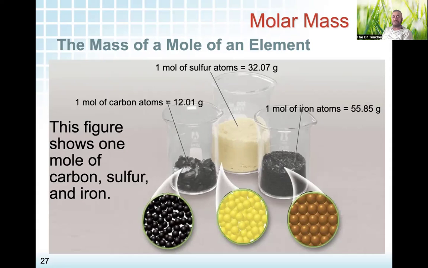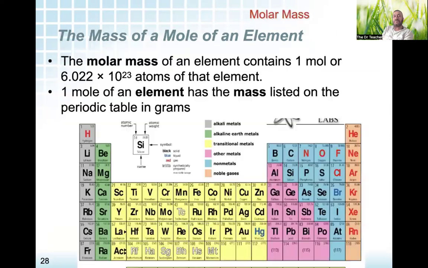And 1 mole of iron atoms is 55.85 grams. So we can measure the mole in grams. On the periodic table, whatever weight you have for each element represents 1 mole. Now you can see here, what is the atomic weight of silicon?